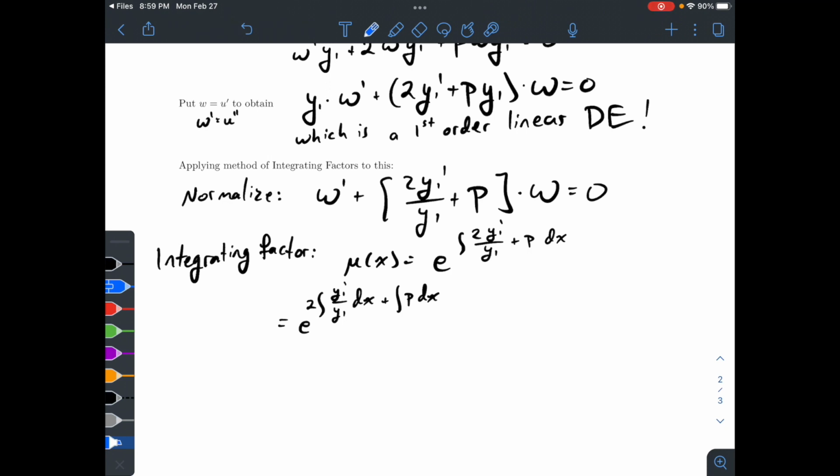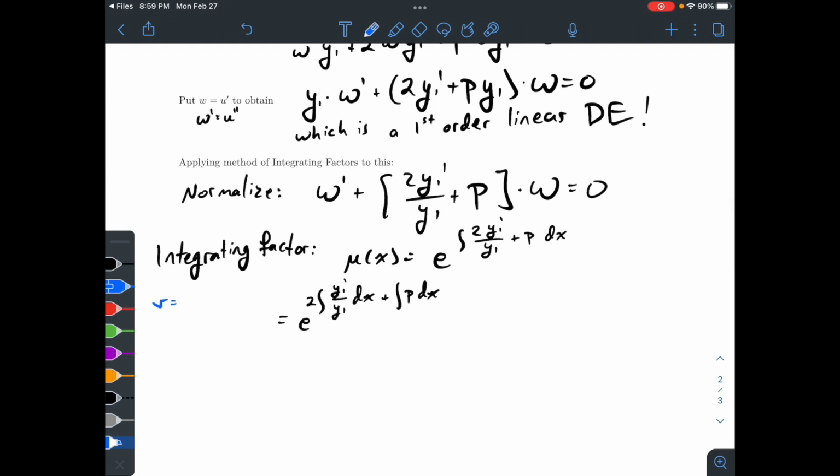Okay, so this integral right here, we can do a substitution. We're kind of running out of variables, so just call v equal to y1, and then dv will be equal to y1 prime. The y1 is really y1 of x, right? So dv would be y1 prime of x times dx. I put the of x there just to remind you that this should be times dx.